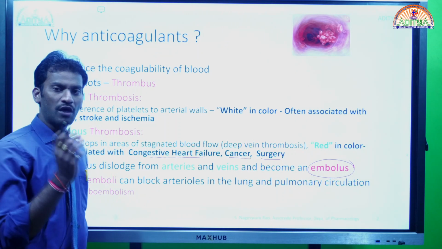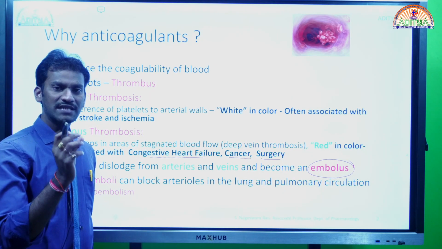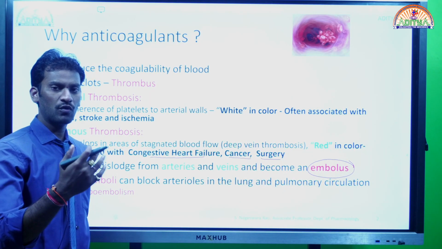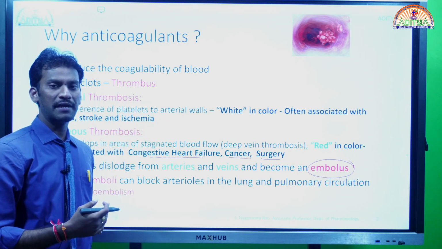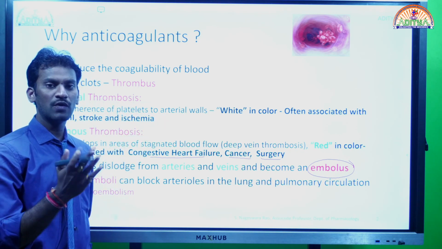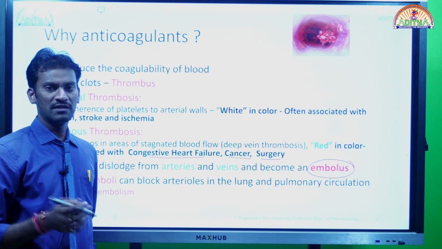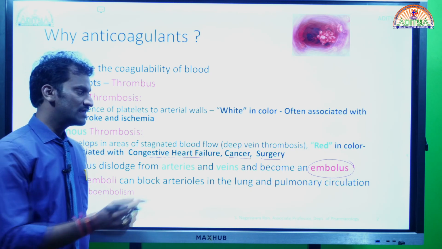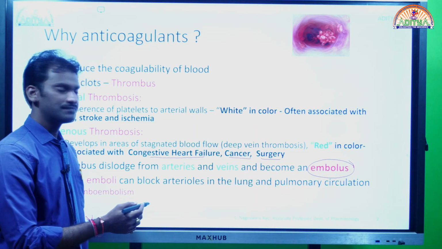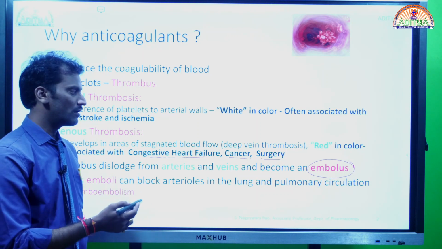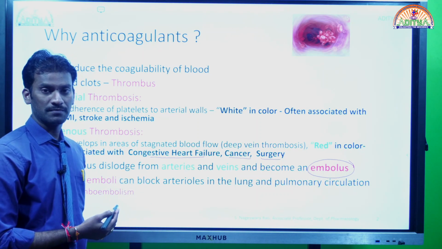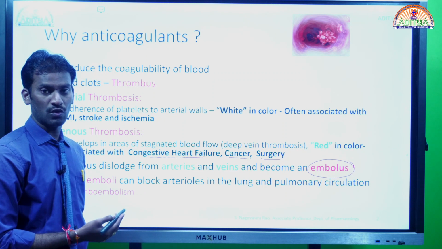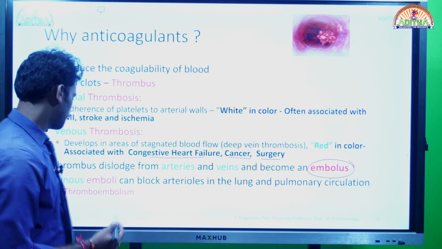When the embolus blocks the smaller artery or vein, the blood flow to the other area will be completely blocked. Thereby, it leads to necrosis and death of the cells. This may lead to stroke, myocardial infarction, etc.